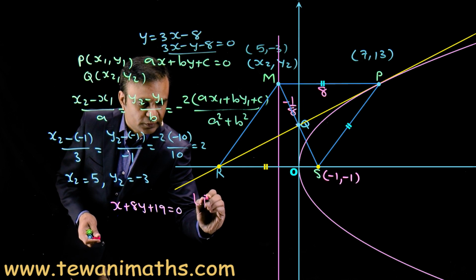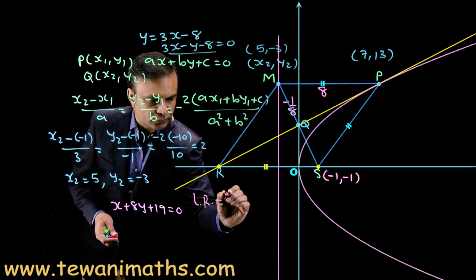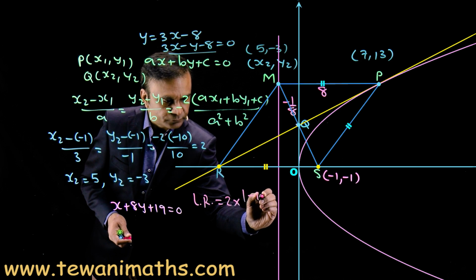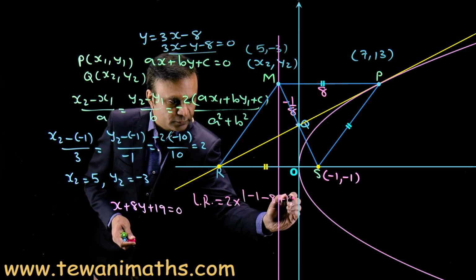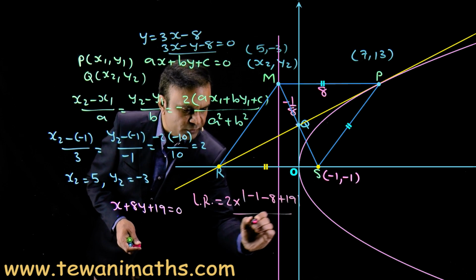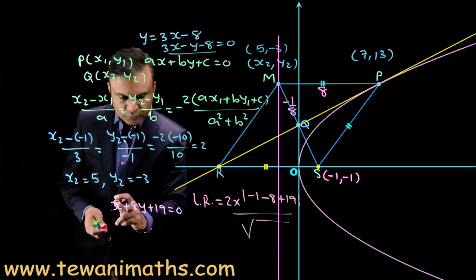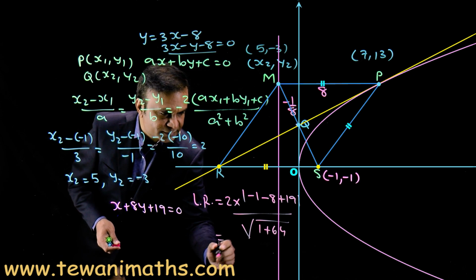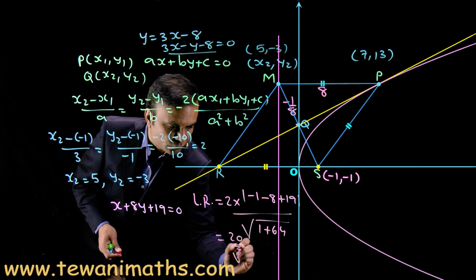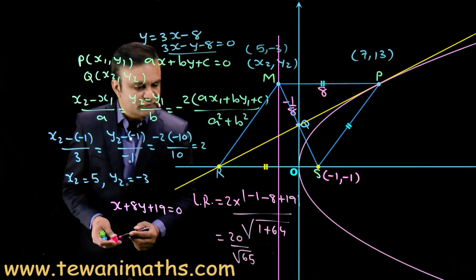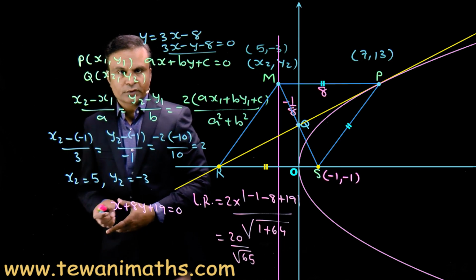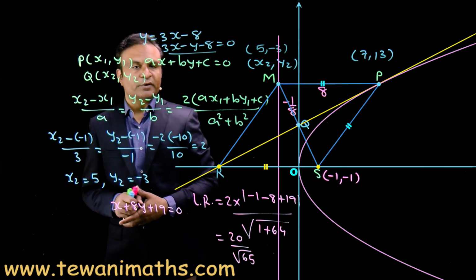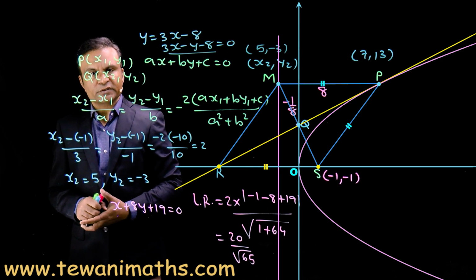So the length of latus rectum is 2 multiplied by |-1 - 8 + 19| over the square root of a^2 + b^2, which is 1 + 64, and this is 20 over root 65. This is the length of the latus rectum. So here we have one interesting question based on this property. Let's try one more question.